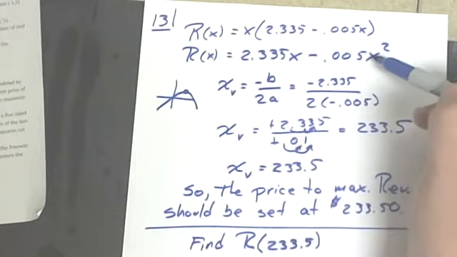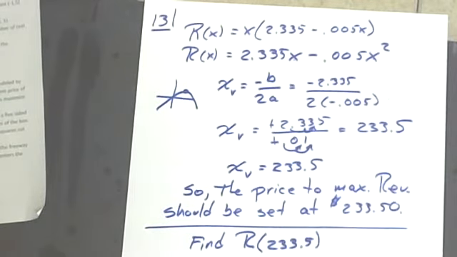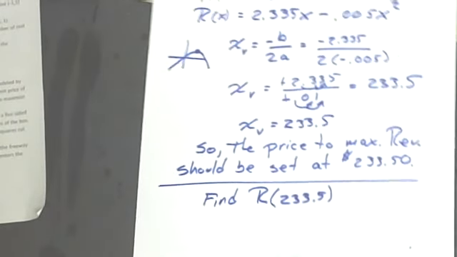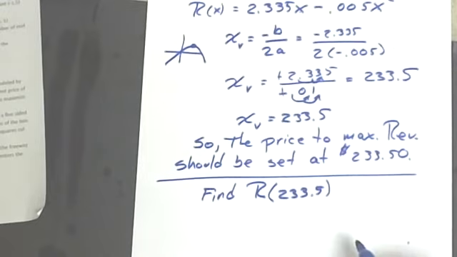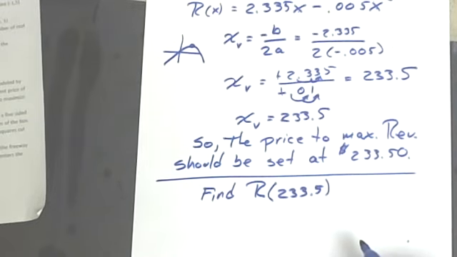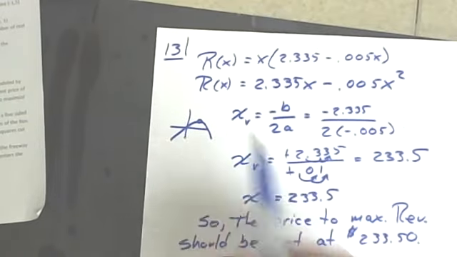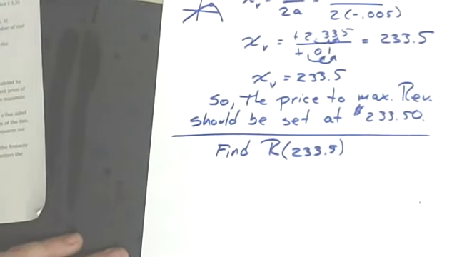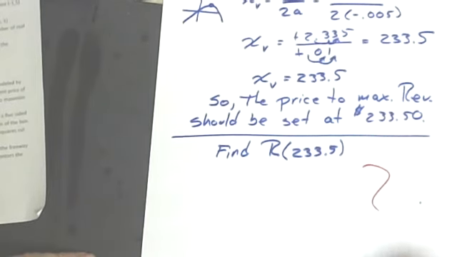Plug the 233.5 in for those x's and calculate your revenue, and just make sure your sentence that answers it, again, all word problems answered in sentences, just make sure your sentence is in thousands of dollars, because you're told, again, that the R is in thousands of dollars. So I'll calculate that out real quick when I'm done here and add it to this, so you can check it by looking at the version online.